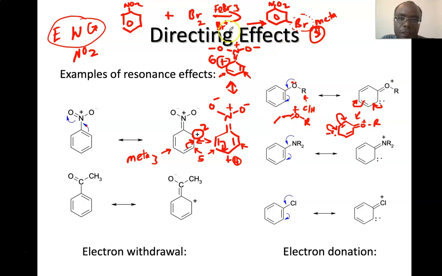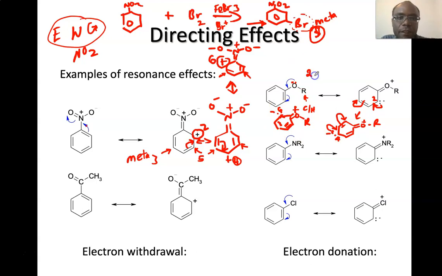And if your electrophile is positively charged, it's going to be more than happy to attach to where the negative charge is. So now let's look at the ring resonance structures and see where our negative charge is. Okay, so our negative charge is on position, first here it's on position 2, and then it's also on position 4 on this structure, and it's on position 6.